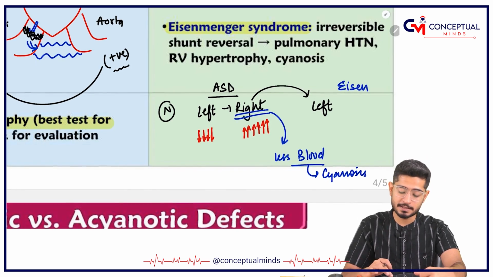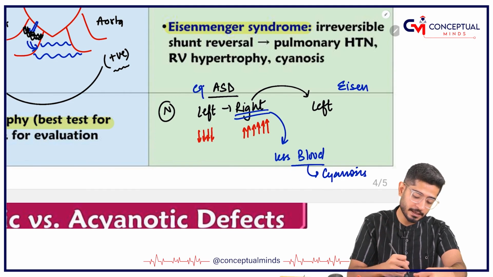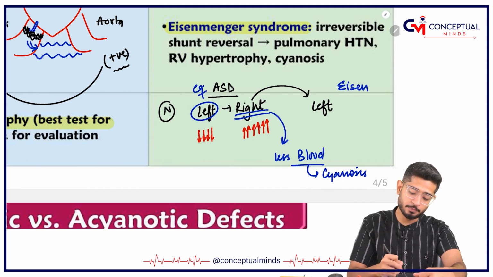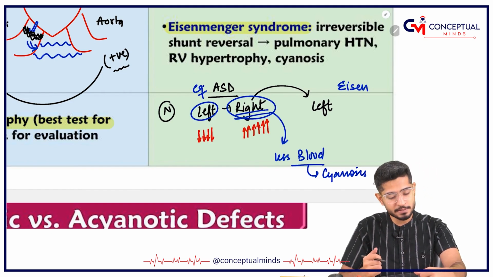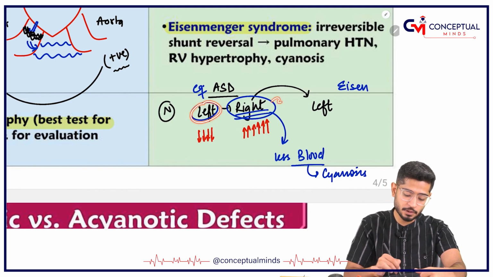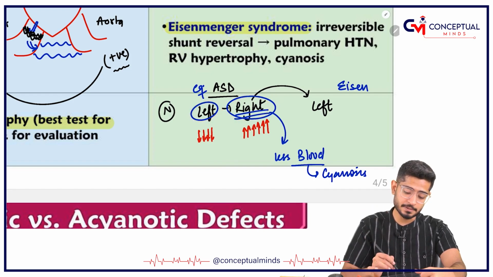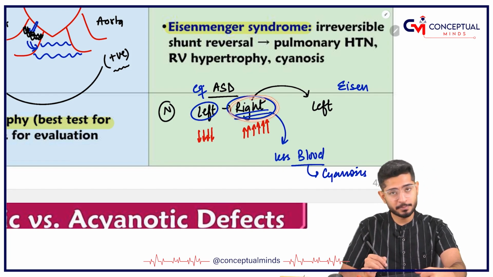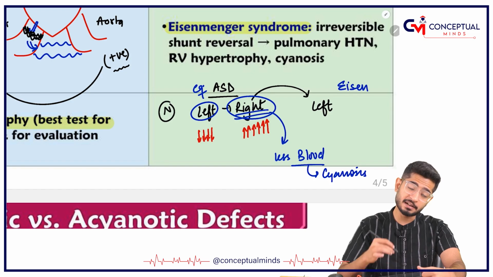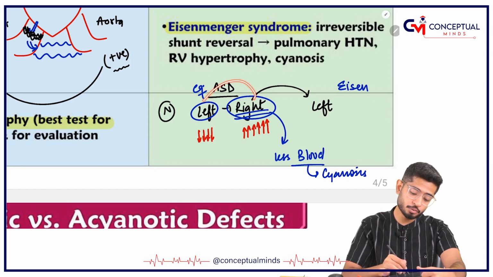So what is Eisenmengerization? In ASD, the left-sided blood was normally going to the right side because the left side has good musculature. But now the amount of blood is very high on the right side, and it will start diverting the blood flow to the left side.